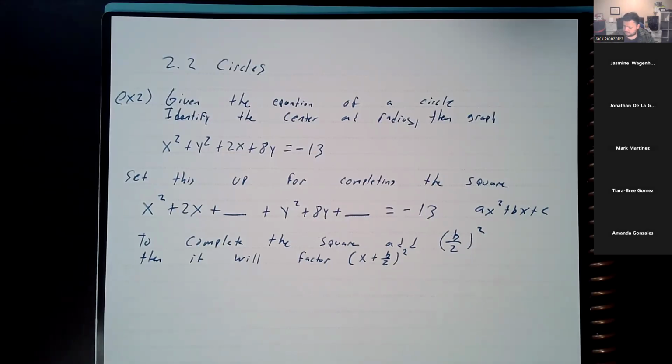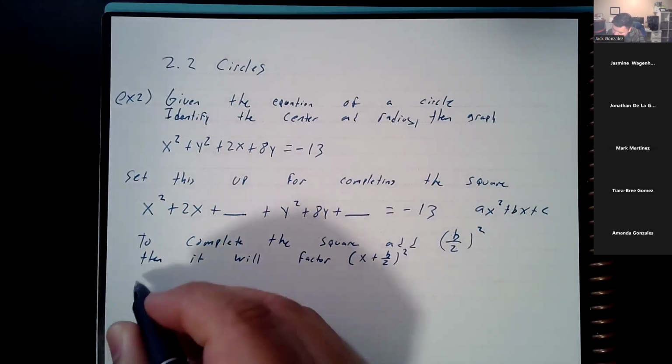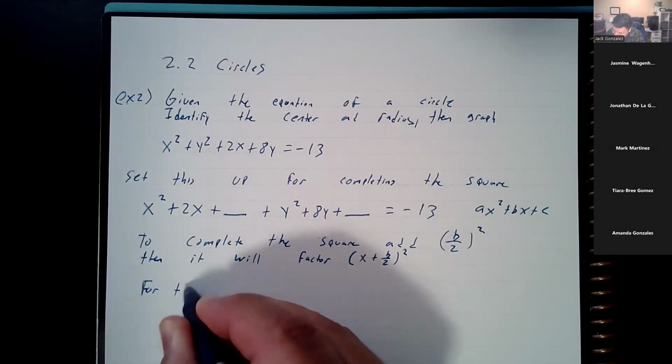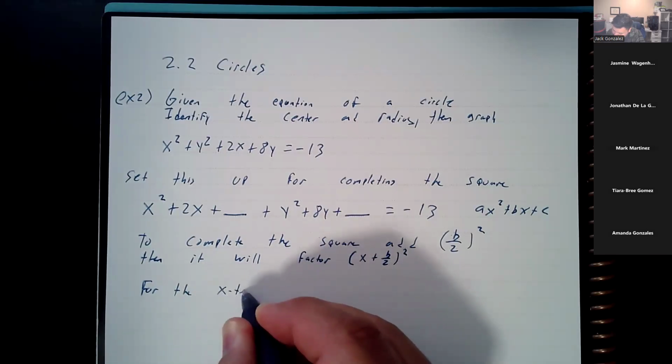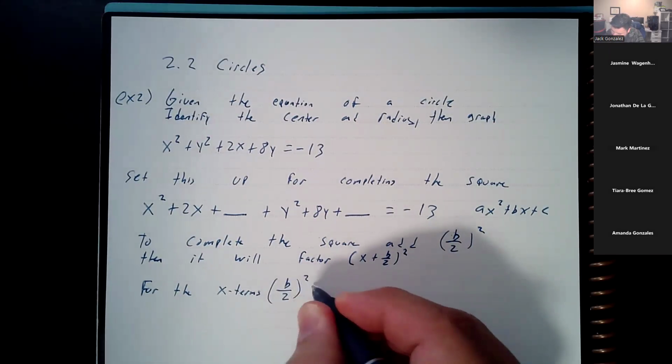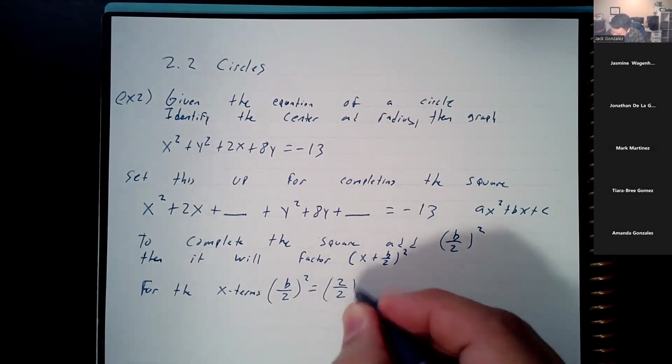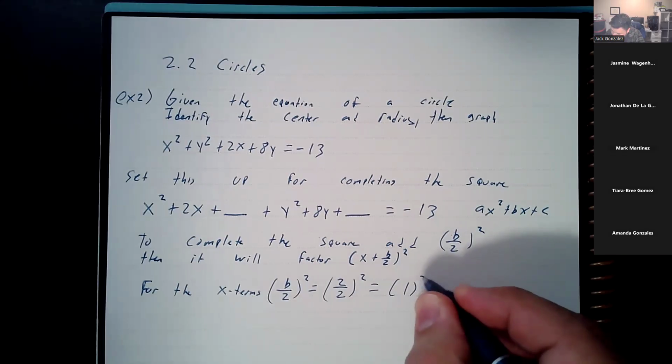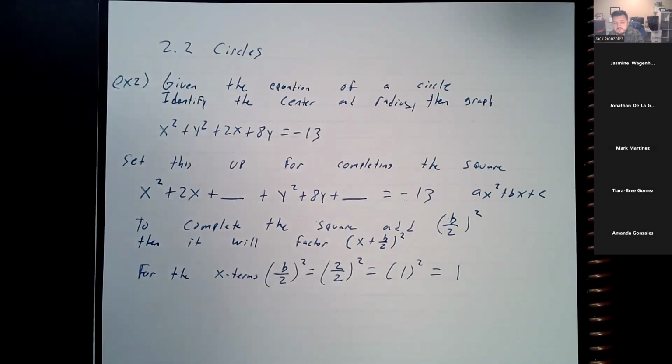So what is half of b for the x term squared? Let's see. Yeah, it's gonna be one, right?